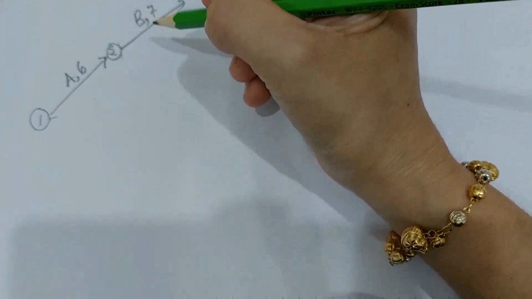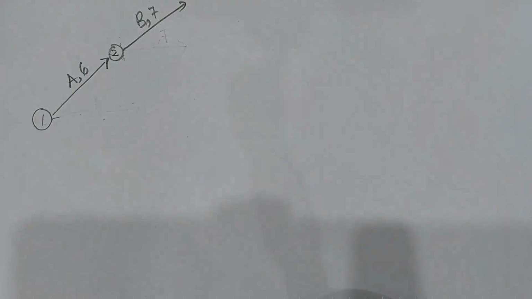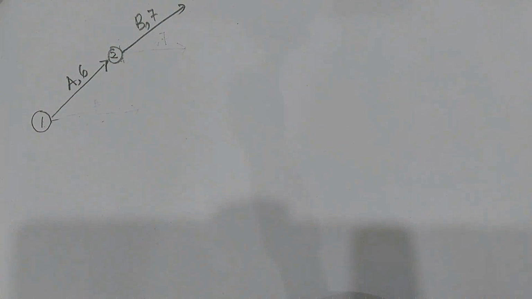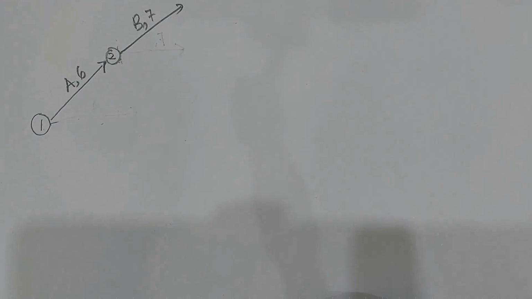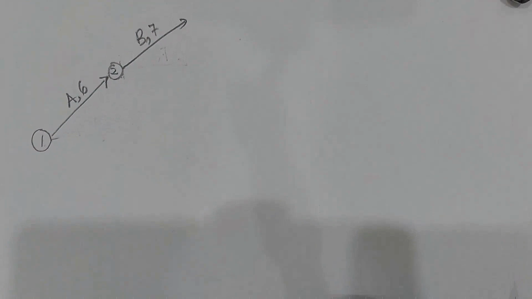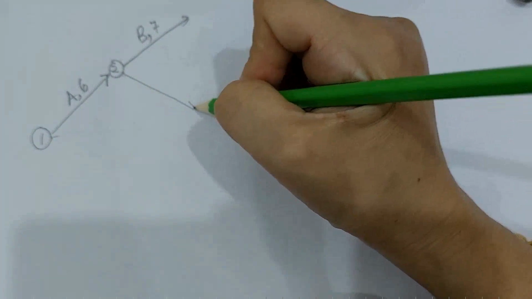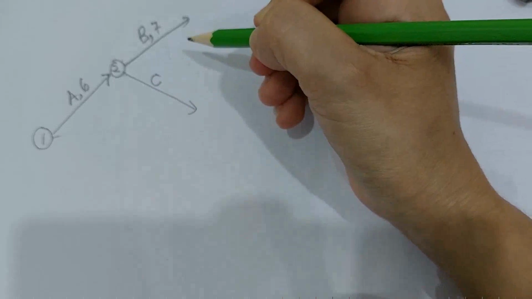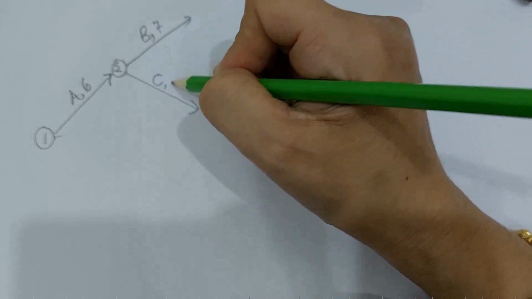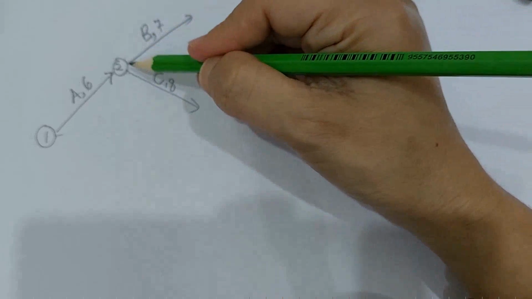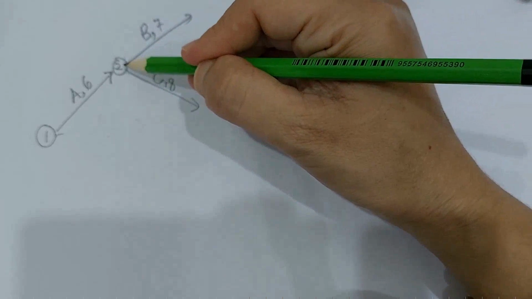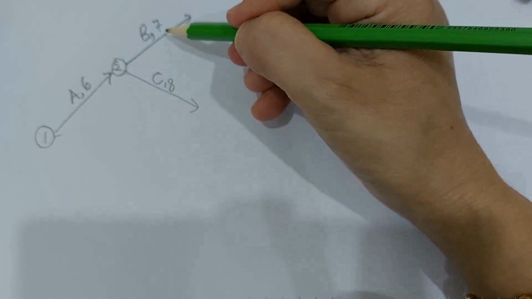C also comes from A, so this is your C. C takes 8 weeks. You don't need to put in any number because the number has been inserted before for activity B.